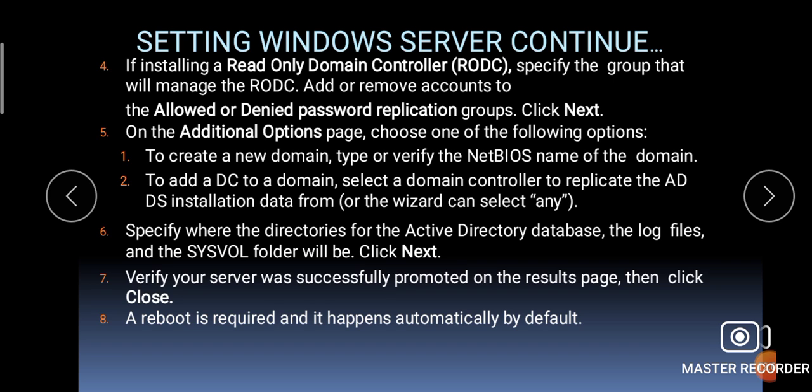Specify where the directory for the Active Directory database, the log files and the SYSVOL folder will be. Click Next and verify on the Results page that your server was successfully promoted, then click the Close button. A reboot is required and it happens automatically by default.